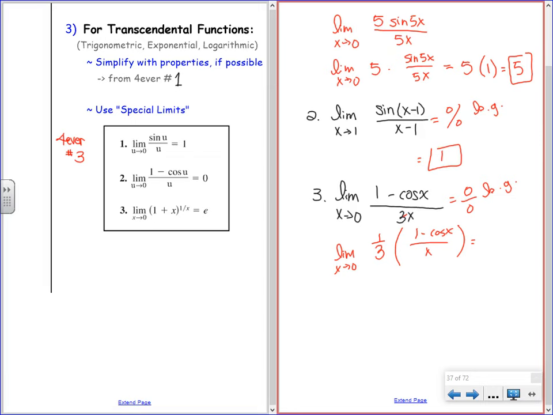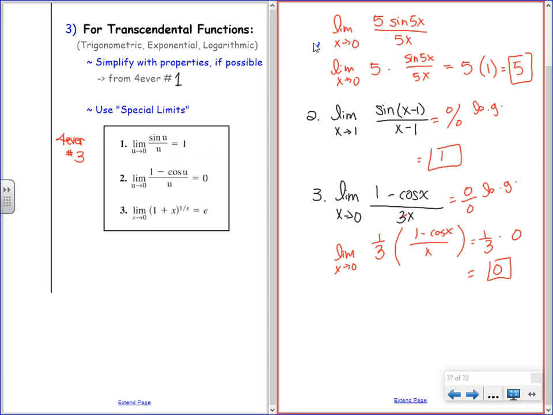I'm pulling that 3 apart and away, but it's in the denominator, so 1/3 remains. What's the limit of this puppy? Sine of u over u, limit as u approaches 0 is 1. Cosine is 0. A way of remembering: there's only one 1 per formula.